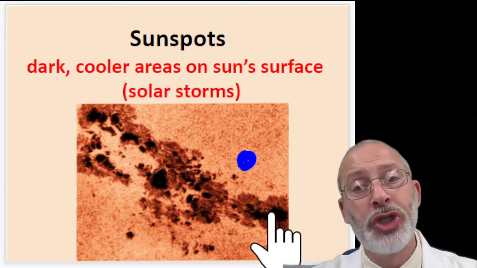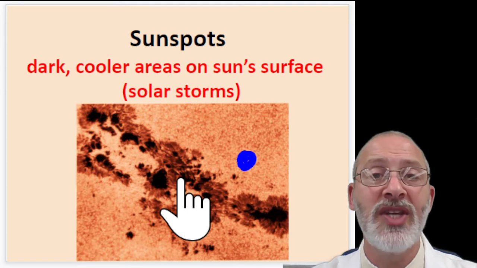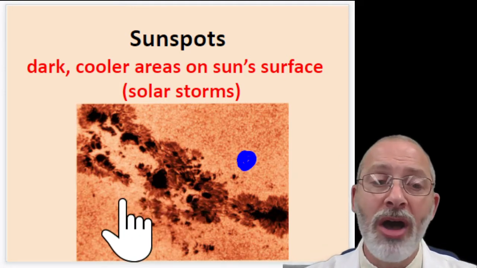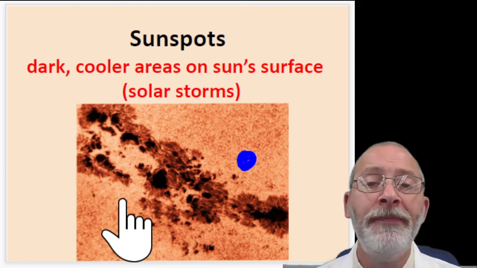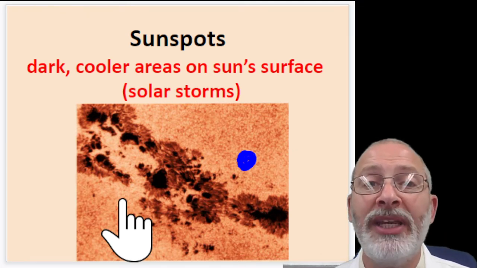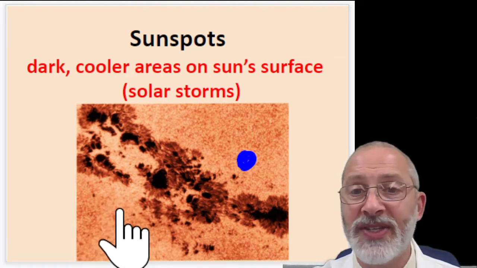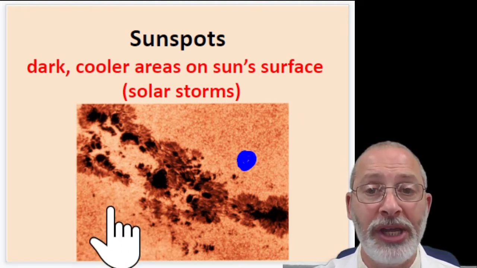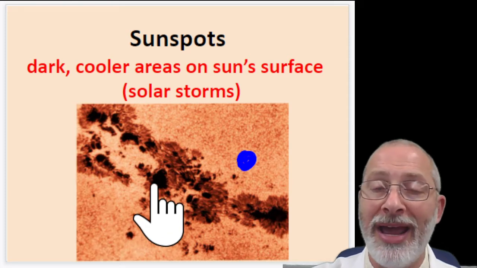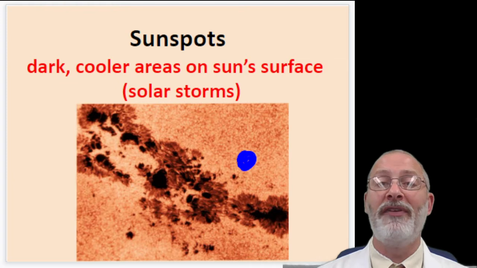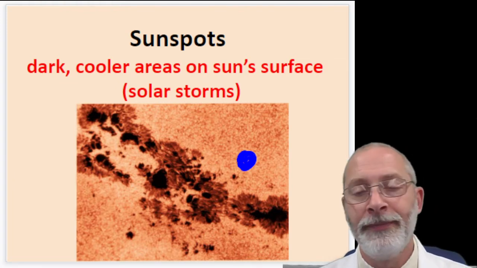There are some dark spots that we call sunspots. And they are dark because they are cooler than the surrounding area. This area on the photosphere, about 6,000 degrees Celsius, pretty hot. But cooler areas are going to be darker. They don't give off as much light.